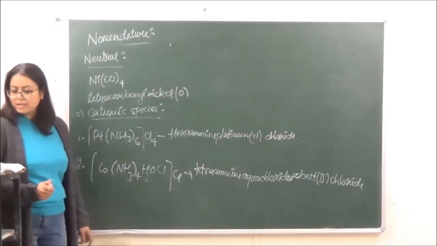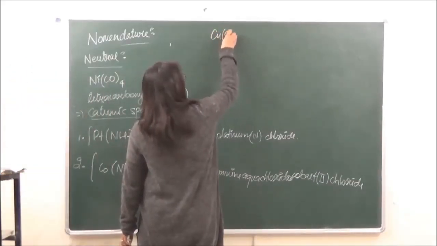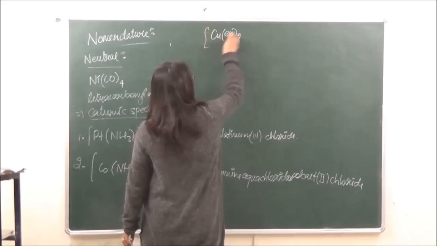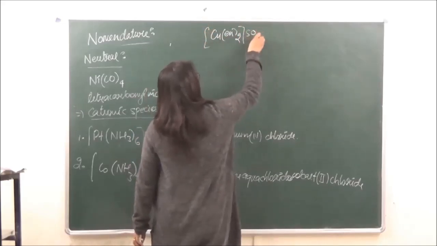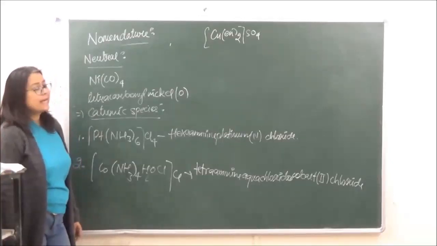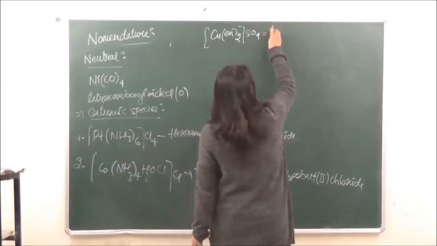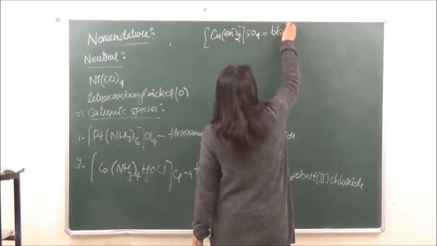An example of ethylene diamine we are taking. We have copper, and sulfate. So you can see there are two ethylene diamine over here. The prefix which we are going to use is bis.